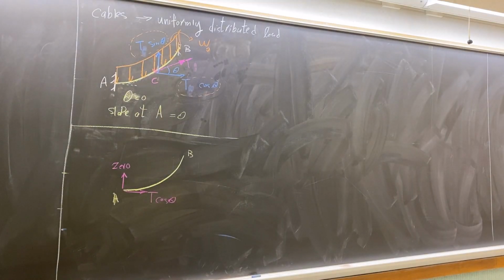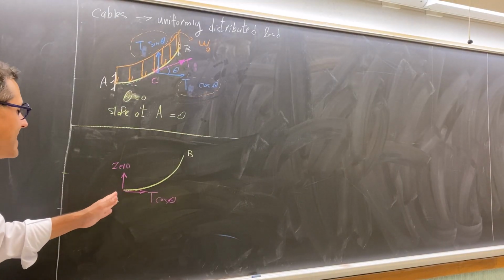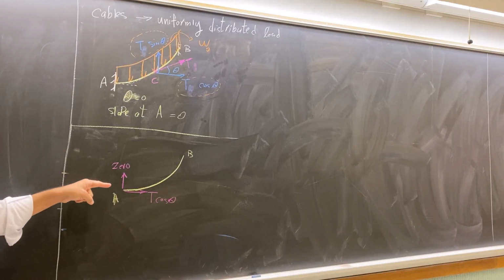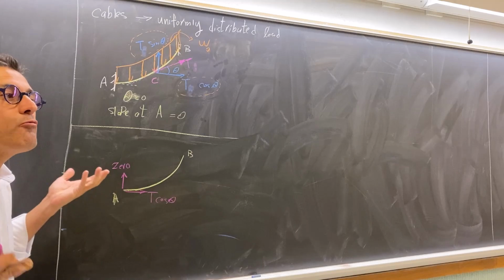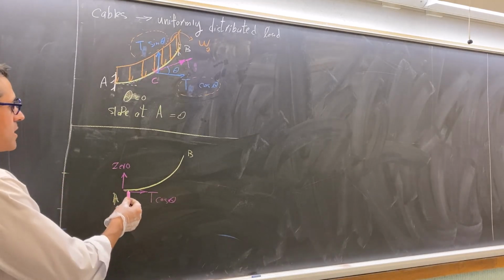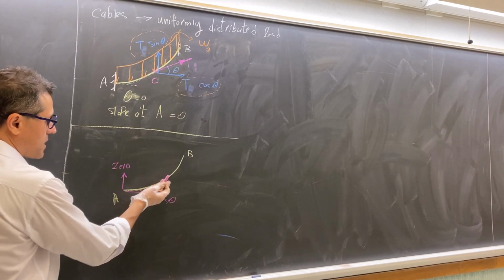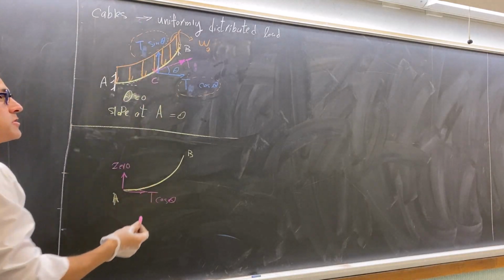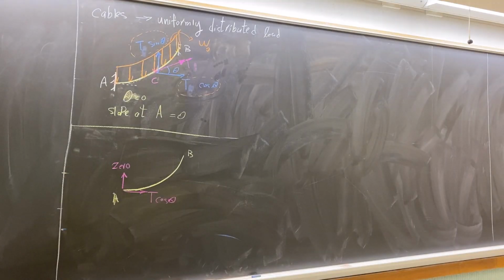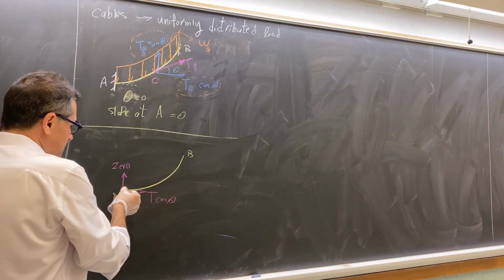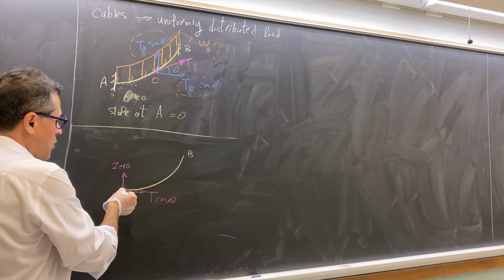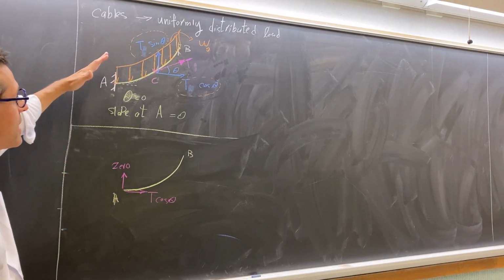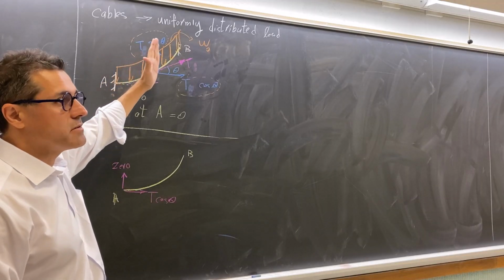The vertical component of the force at point A is 0. What force is applying on the cable is just this orange external uniformly distributed load. So the vertical load applied at point A is 0. This is just the beginning. It gradually increases once you move.